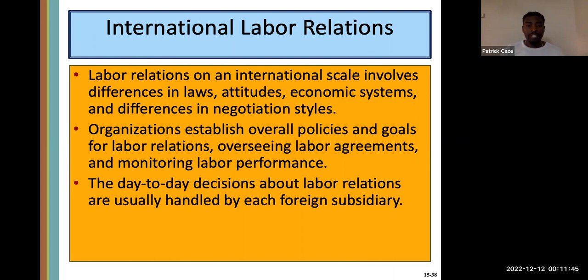International labor relations on an international scale involve differences in laws, attitudes, economic systems, and differences in negotiation styles. Organizations establish overall policies and goals for labor relations, overseeing labor agreements and monitoring the labor force. The day-to-day decisions about labor relations are usually handled by each foreign subsidiary, right?